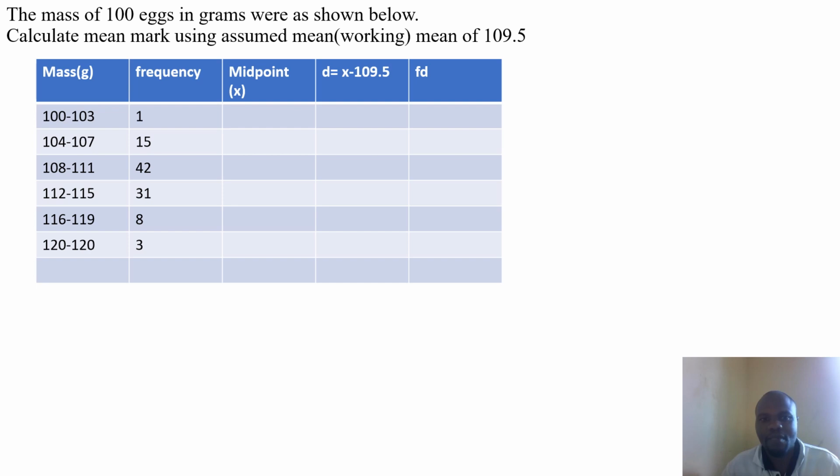And if I calculate, this gives me 101.5. If I add 104 plus 105, this is 105.5. And if I add 108 plus 111, this gives me 109.